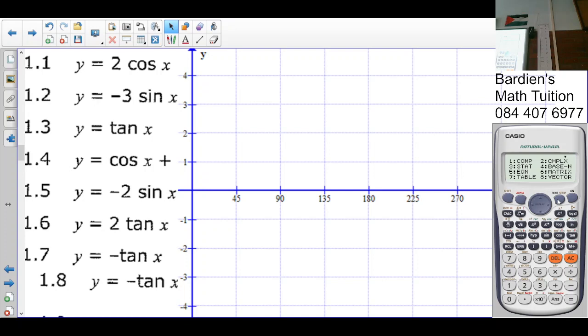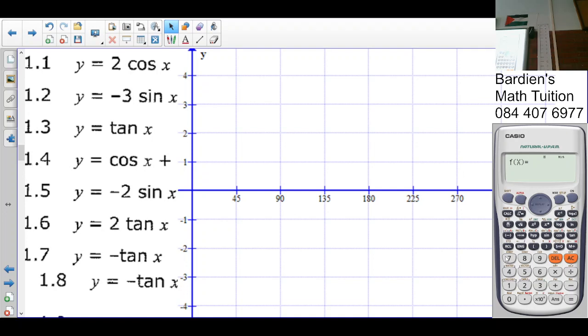Alright, your calculator's on. You press mode. Alright, so now you're going to press 7, the table. You're going to press 3 or 2. What number are you pressing? Sam is pressing 3. Anybody pressing 2? No? Okay, you guys have bit calculators.